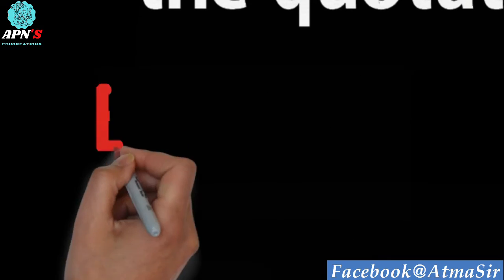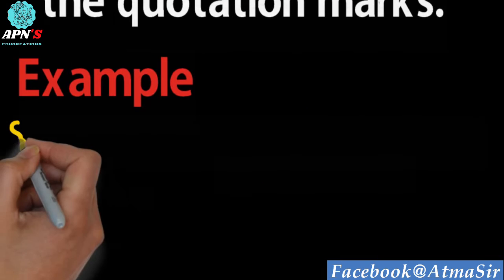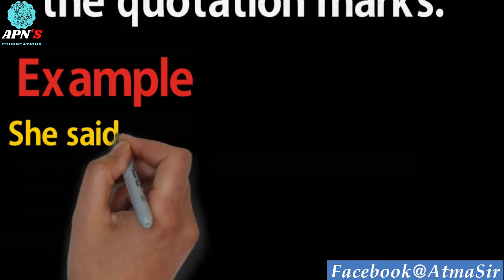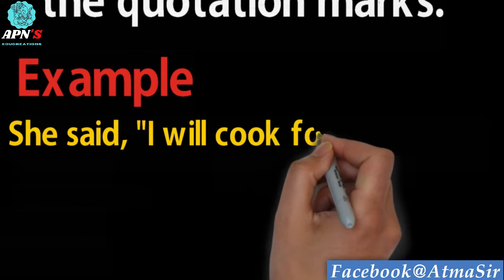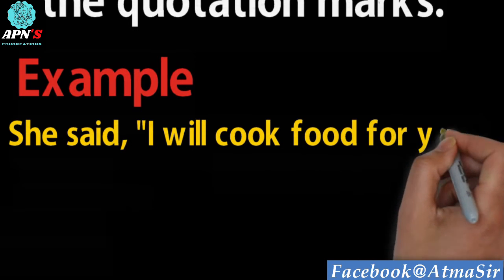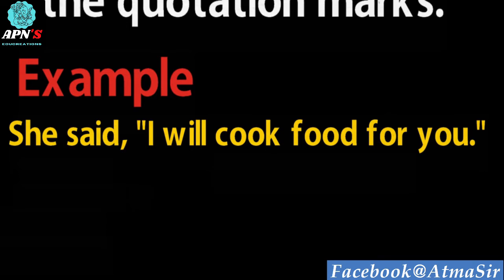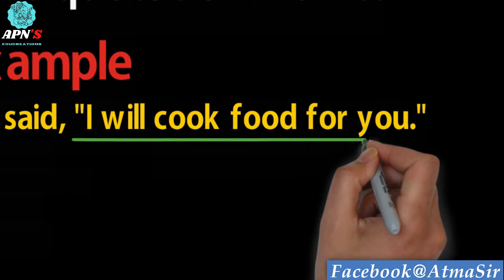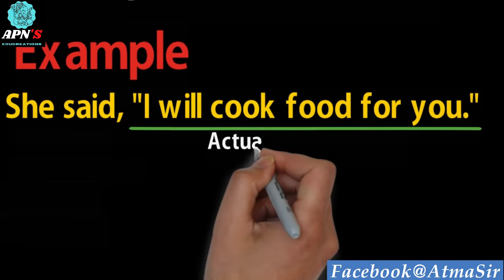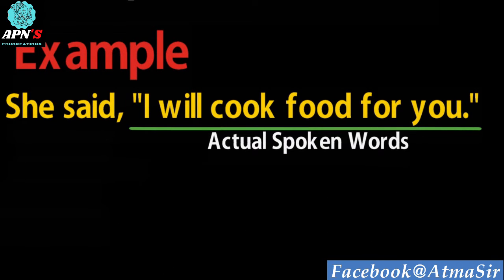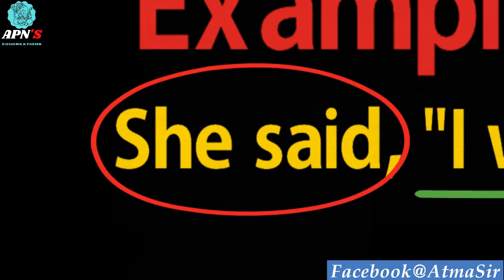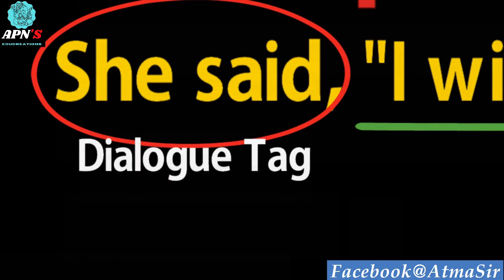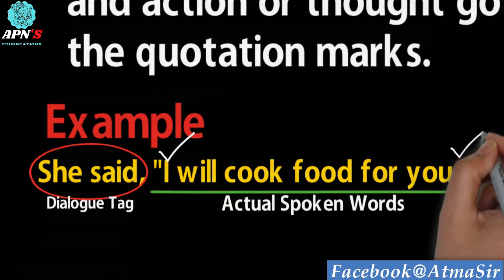Let us take an example. The given sentence is: She said, "I will cook food for you." In this sentence, the actual spoken words sit inside the speech marks, or the inverted commas. The part "she said" is the dialogue tag and it remains outside the quotation marks.